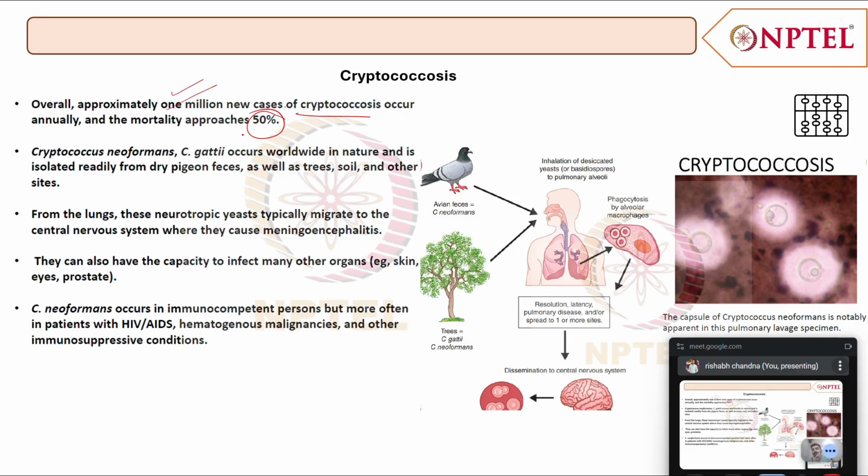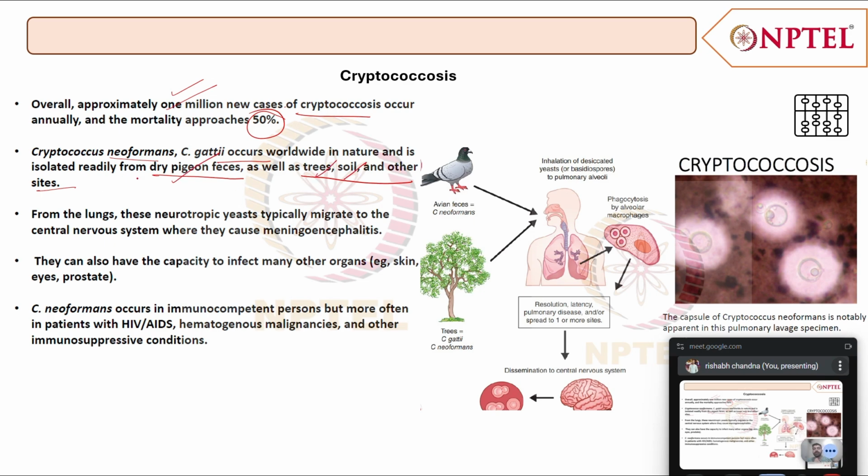Cryptococcus neoformans and C. gattii occur worldwide in nature and are isolated readily from dry pigeon feces as well as trees, soil, and other sites. So these are the major sites from which these two pathogens can be isolated.